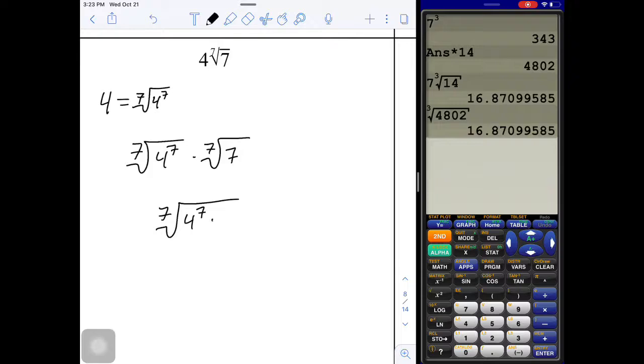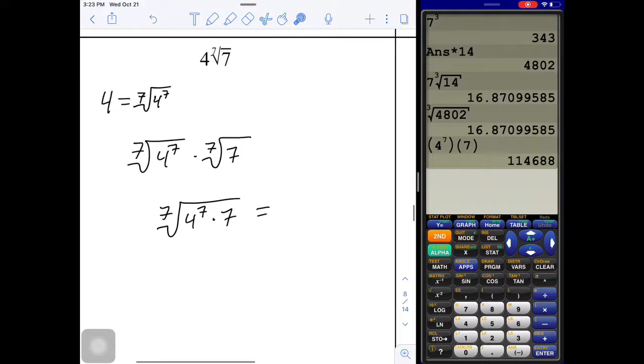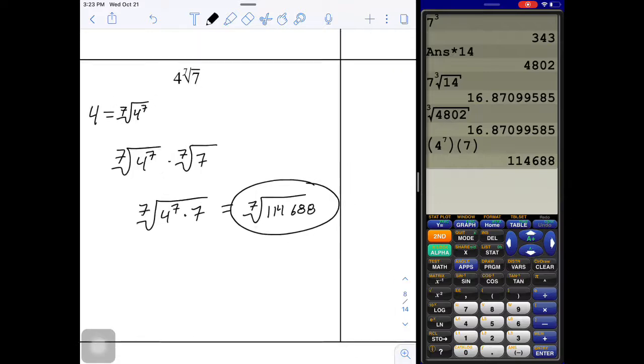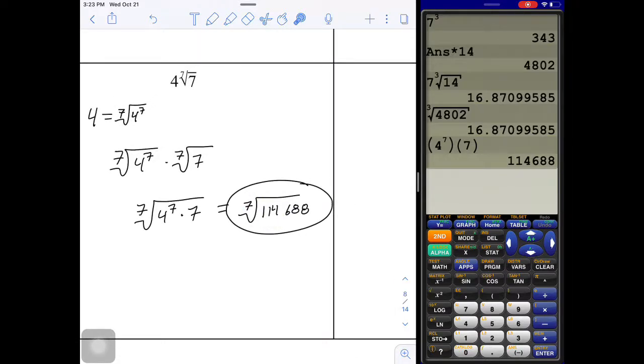So this will be 4 to the power of 7 times 7. Let's plug this into my calculator: brackets 4 to the power of 7, bracket, times 7. So that would be the 7th root of 114,688. It's kind of amazing that this number equals the exact same number as this, right?